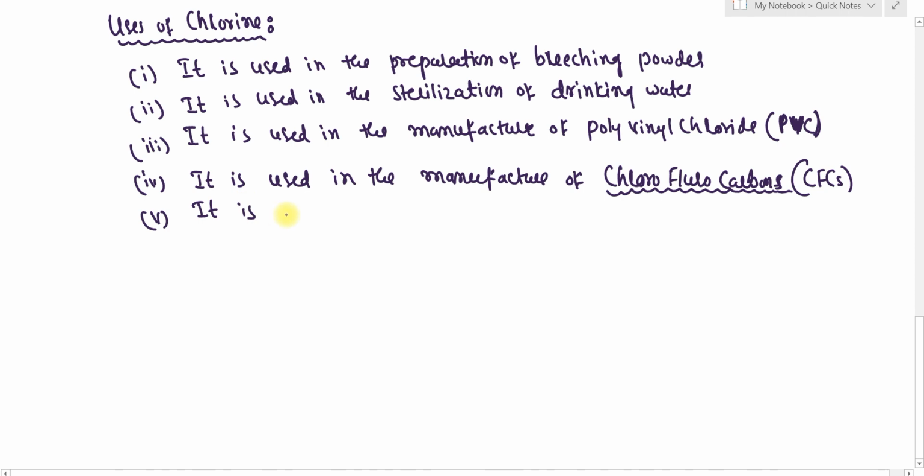Along with this, it is commercially used in the preparation of bleaching powder. Then, as the sixth application, it is also used as a disinfectant, and in the manufacture of pesticides.